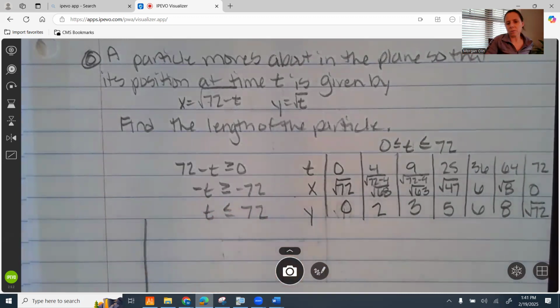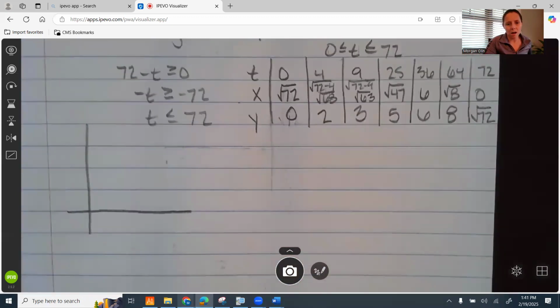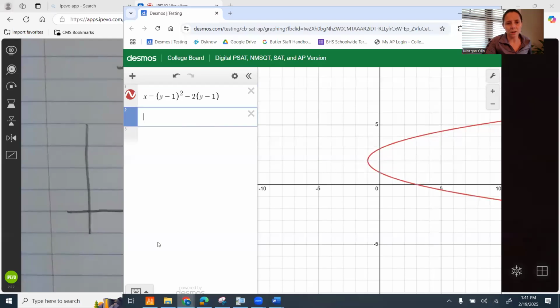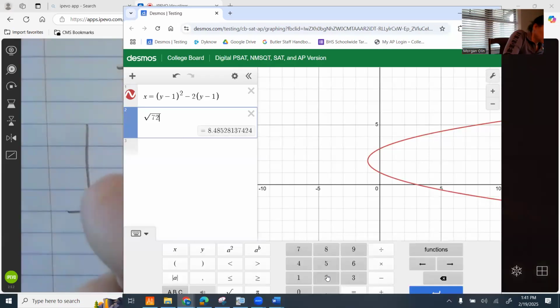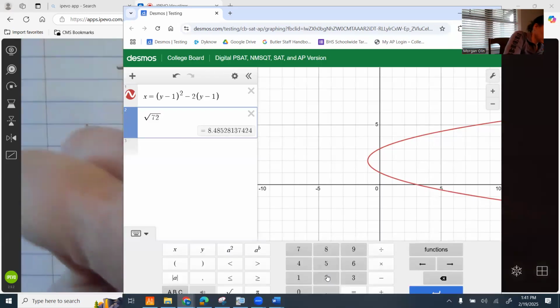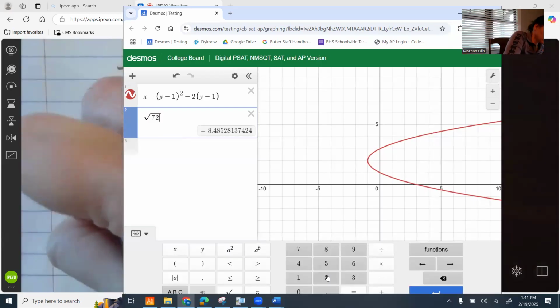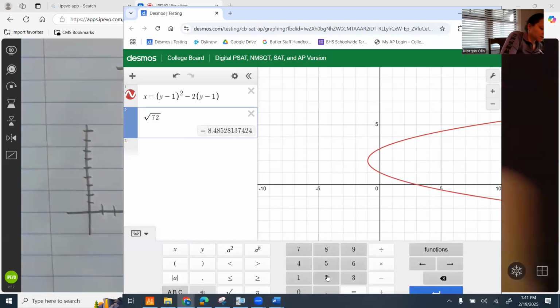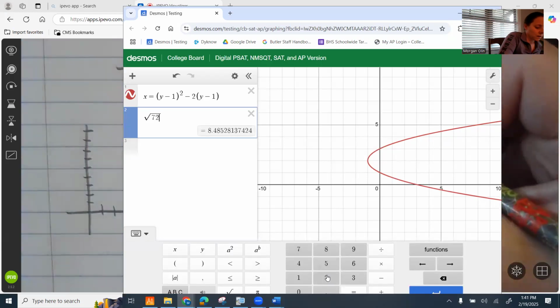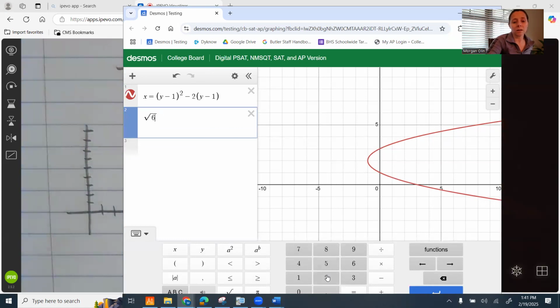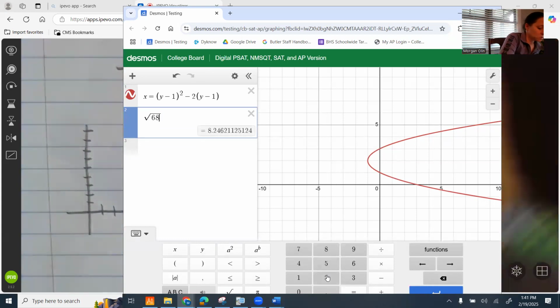Think about what the square root of 72 is for a second. X is going to be somewhere between 8 and 9, and 0. The square root of 68 is about 8.2, and 2.